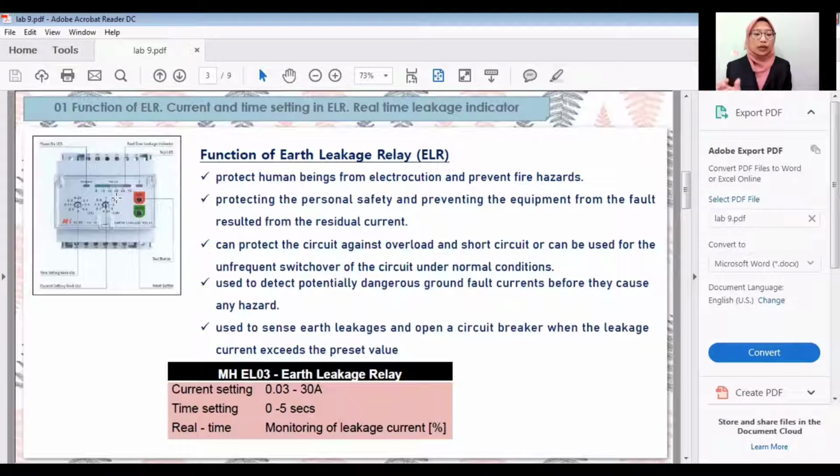In conjunction with an earth leakage relay, it is also used for the protection against electrical leakage in the circuit.